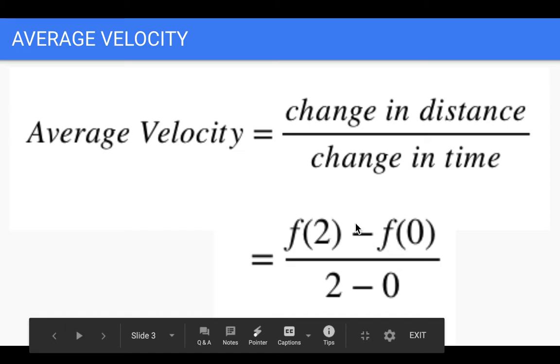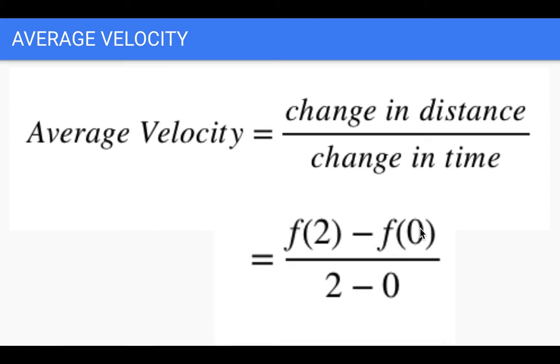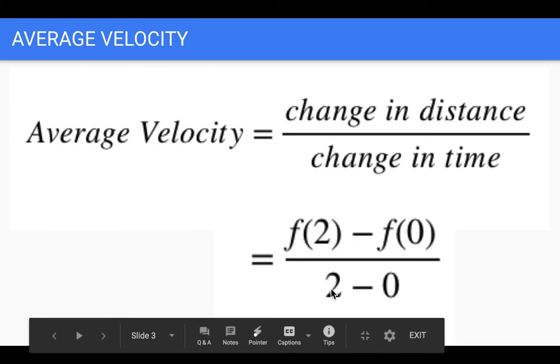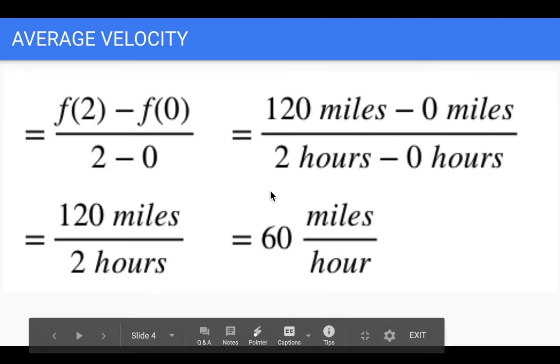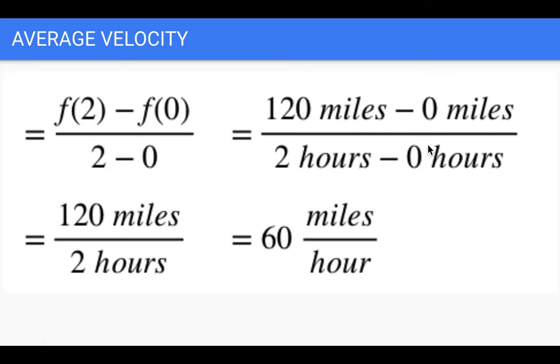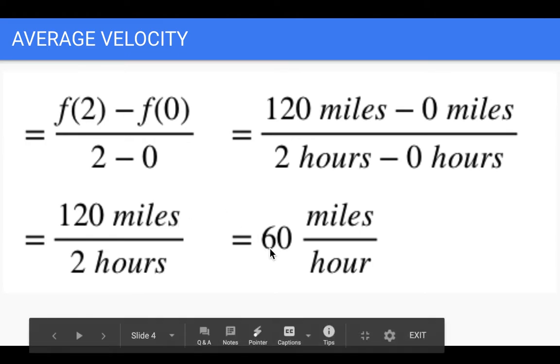So it's one y value minus another y value, that's the change in distance. Then the change in time is 2 hours minus 0 hours. Calculate all of that out, and you come to 60 miles per hour.